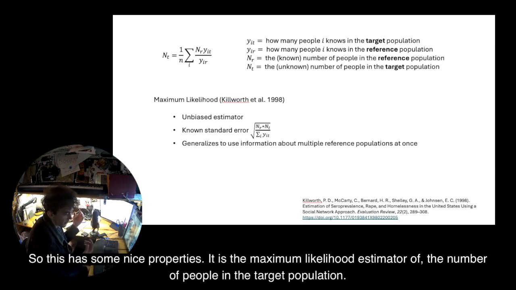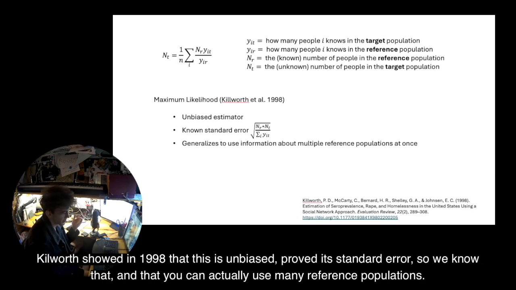This has some nice properties. It is the maximum likelihood estimator of the number of people in the target population. Killworth showed in 1998 that this is unbiased, and proved its standard error.